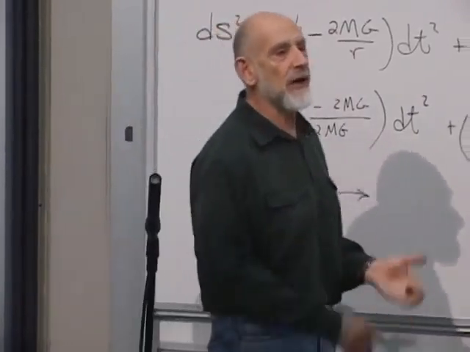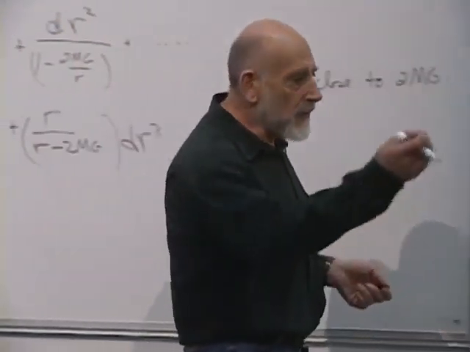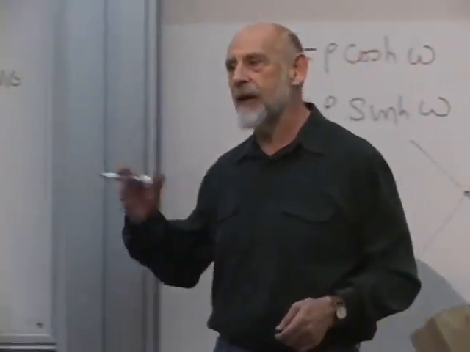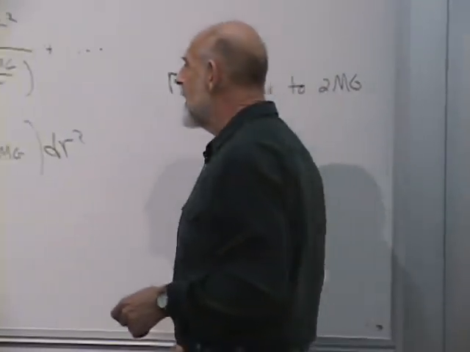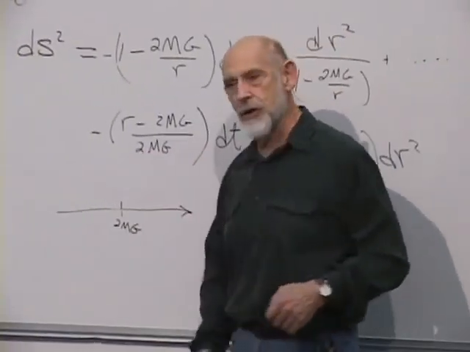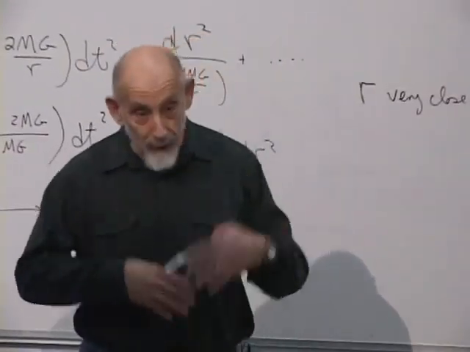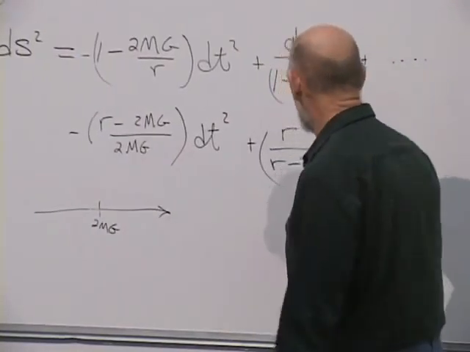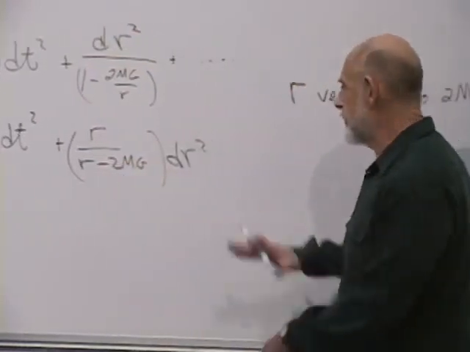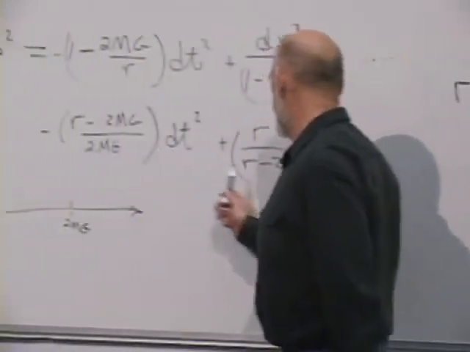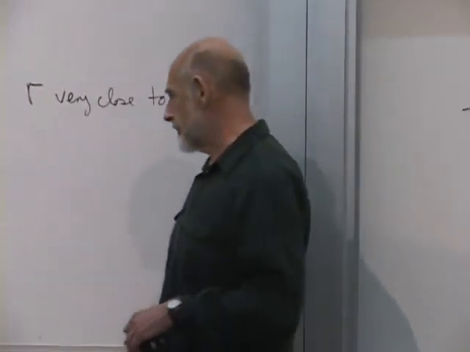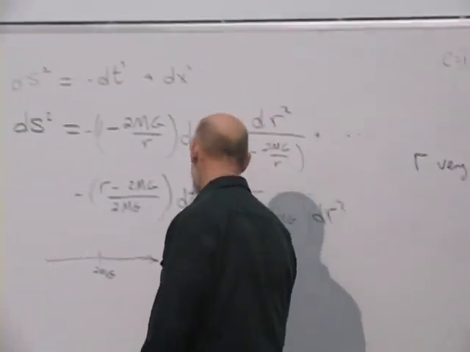If 2mg is a kilometer and you move a centimeter, 2mg only changes a tiny bit, a kilometer plus or minus a centimeter. But r minus 2mg flips sign. That's dangerous, so let's keep this just the way it is. All right, likewise here, I've just turned this thing over and put it here. So that's the first step, to make a little bit of an approximation.